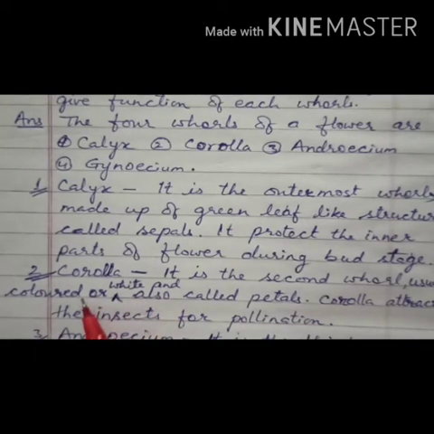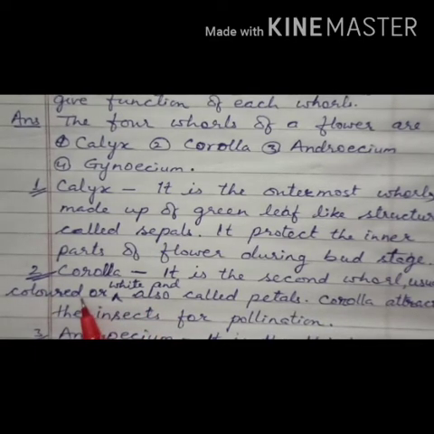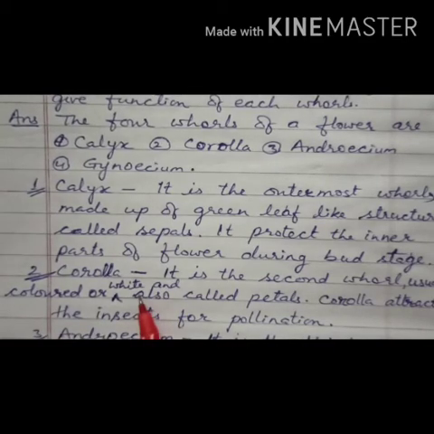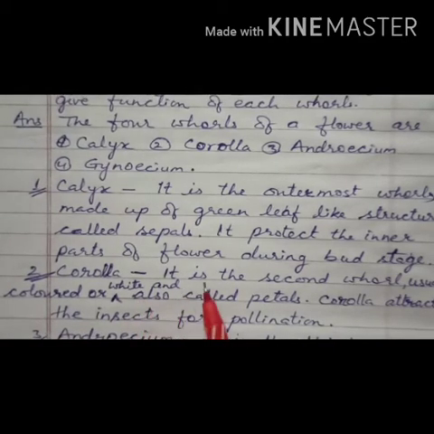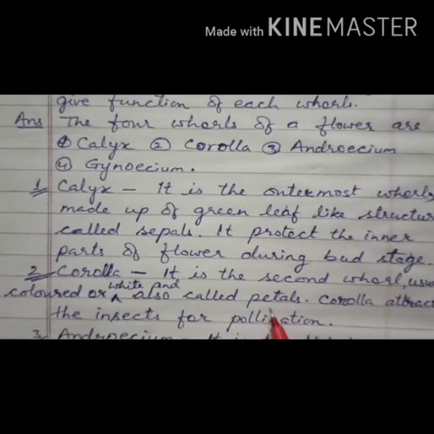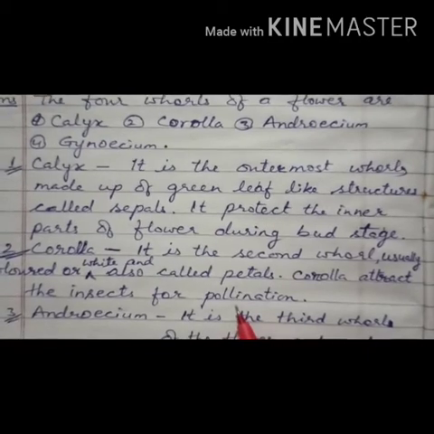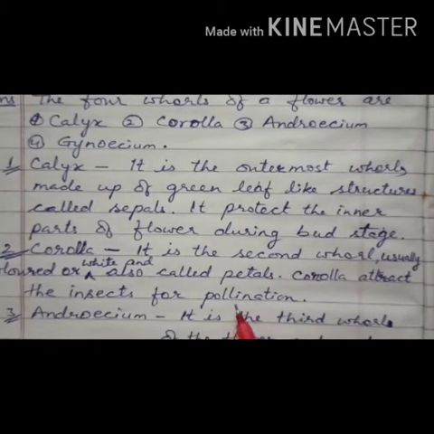Especially day-blooming flowers have colored petals and night-blooming flowers have white petals. Corolla attracts insects for pollination. What is the main function of corolla in the flower? Corolla attracts the insects for pollination.